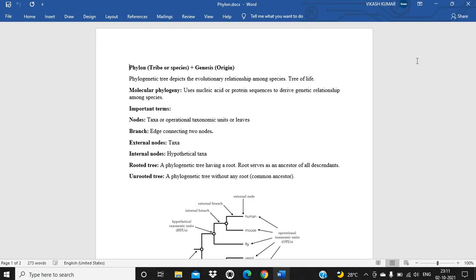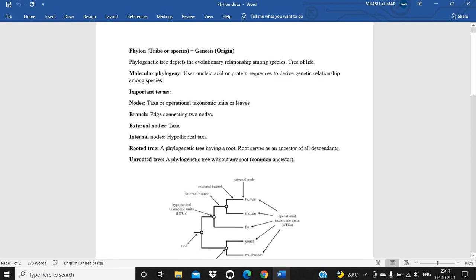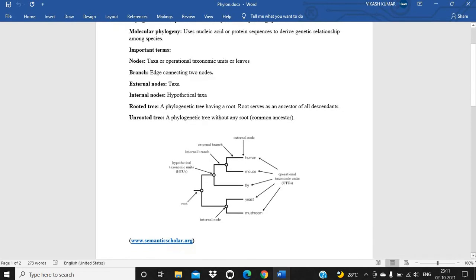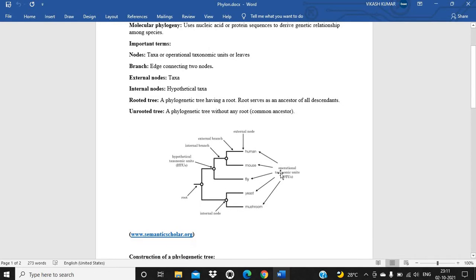We need to know important terms before we learn how to construct a phylogenetic tree. So this is a typical phylogenetic tree, and you see that it has nodes. These are called nodes, and these are also external nodes.